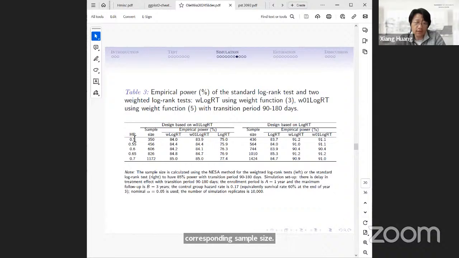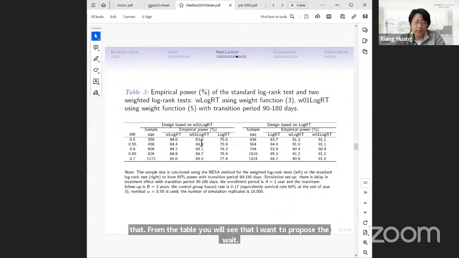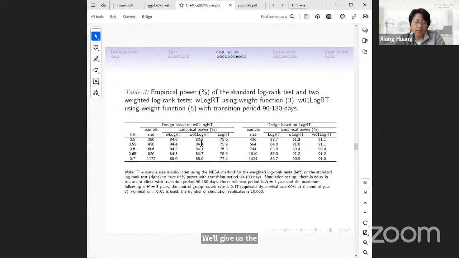It depends on the different hazard ratios. Then we use this sample size to generate the simulation data, and we can apply all those 3 log-rank tests to the simulation data to check the empirical power. We know it should be like 85%. From the table, you will see that our two proposed weights give us an empirical power close to 85%.